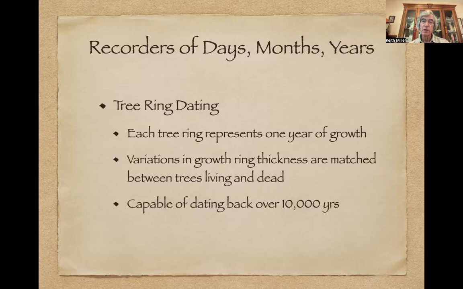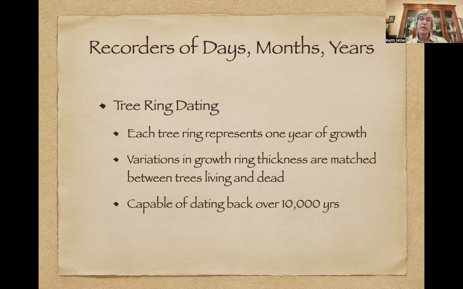And the variation in growth ring thickness is the result of weather and climatic conditions. So if it's a particularly wet year, there might be a greater rate of growth. If there's a dry year or a drought, there may be very little growth.